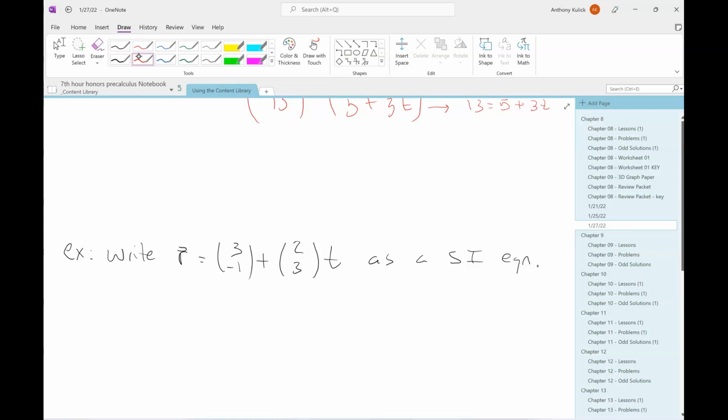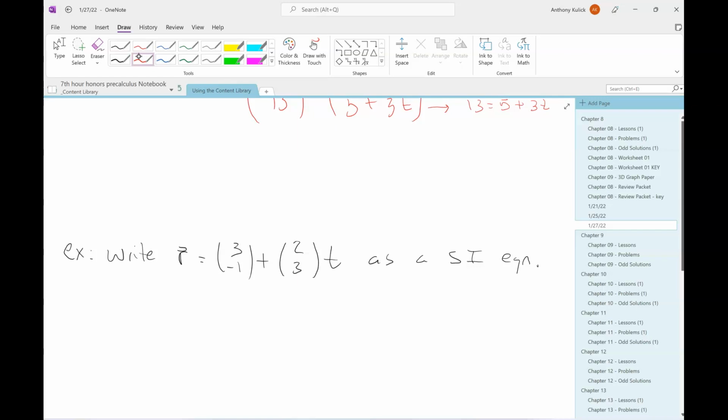What 2 pieces of information will do? A slope and a y-intercept, or a slope and any point will work, or 2 points, right? Those are the 3 possibilities. So from a vector line equation, the 2 easiest to get are either a slope and a point or 2 points. Getting the y-intercept is not that easy. So I'm going to focus on those 2 situations.